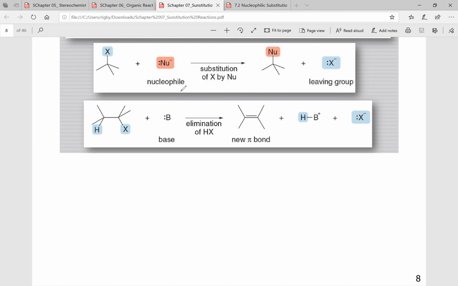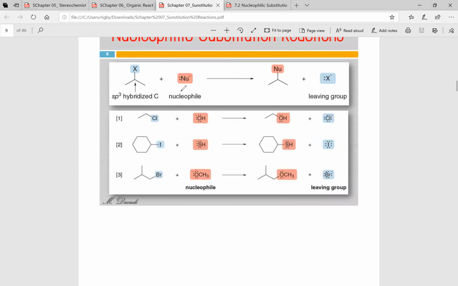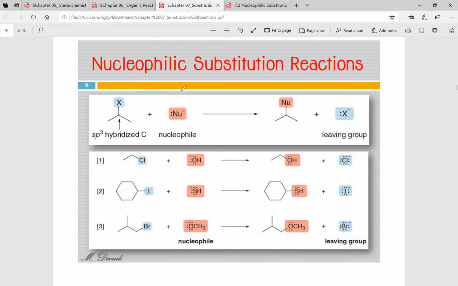Okay, so let's continue on. When we're talking about replacement reactions, which means substitution reactions, what happens here? We can see that in every single case, a bond is broken. Oh, somebody asked in the chat, are nucleophiles always going to have a negative charge? No. They can be a nucleophile as long as they have an available electron pair and they aren't sterically hindered. Again, I'll talk about steric hindrance a little bit later.